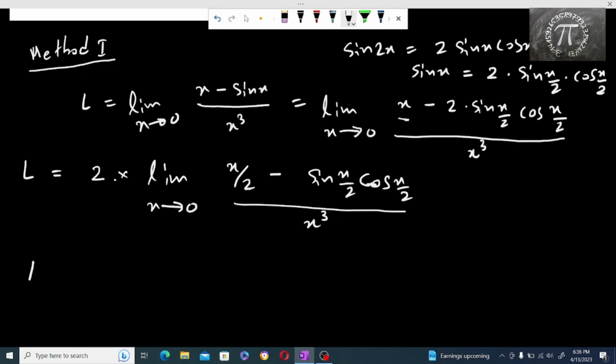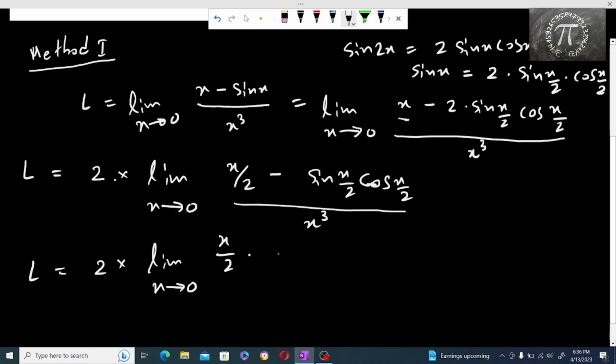Now L equals 2 into the limit as x goes to 0 of x/2 minus sin(x/2) cos(x/2).